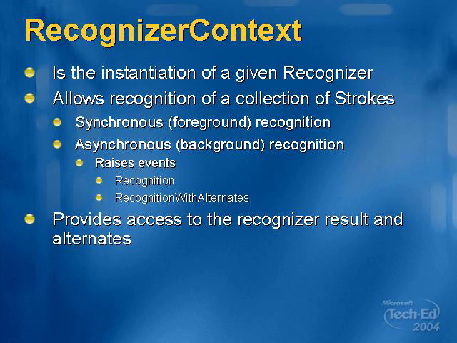So you can query the recognizer object for those properties. But once you actually want to do some recognition, you'll generate a recognizer context off of that recognizer object, and that's where the heavy lifting of recognition happens. And as I mentioned, you can do foreground or synchronous and background or asynchronous recognition.